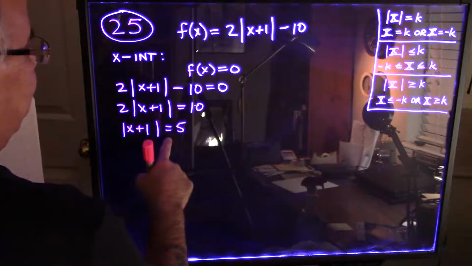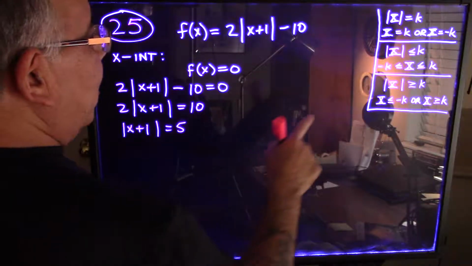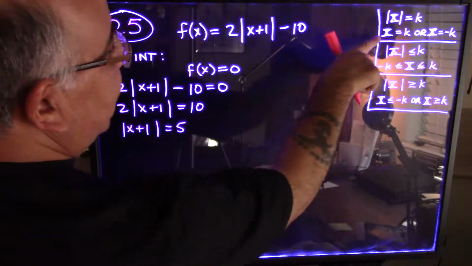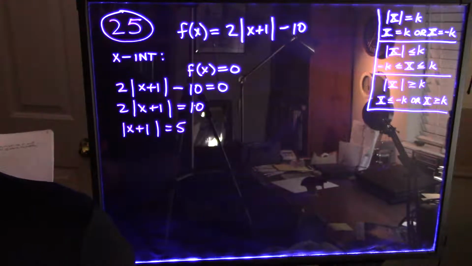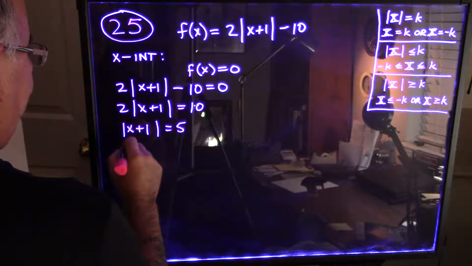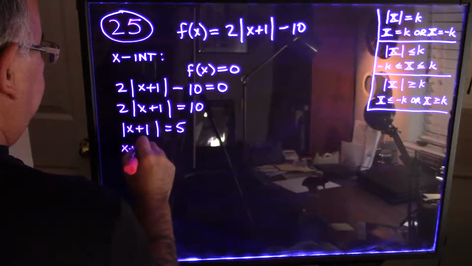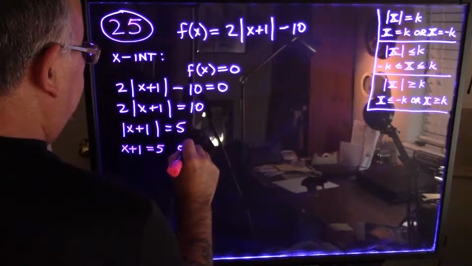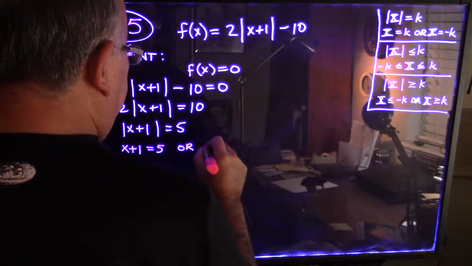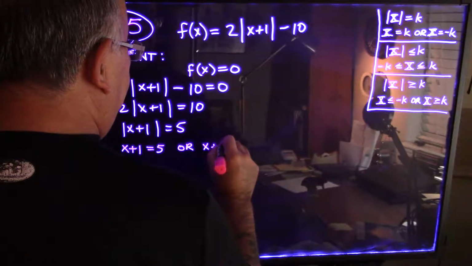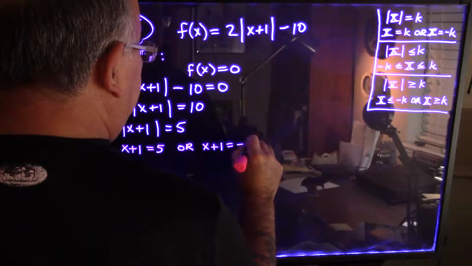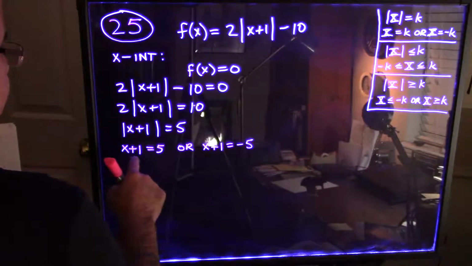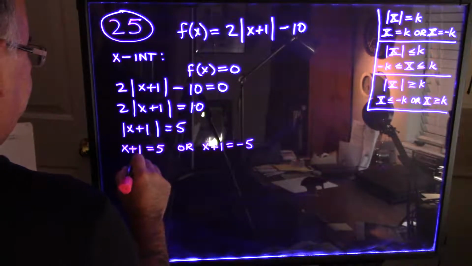And then we solve this absolute value equation using this setup here. Alright, so we have x plus 1 equals 5, or x plus 1 equals negative 5. And then subtract 1 from both sides, you get x equals 4.